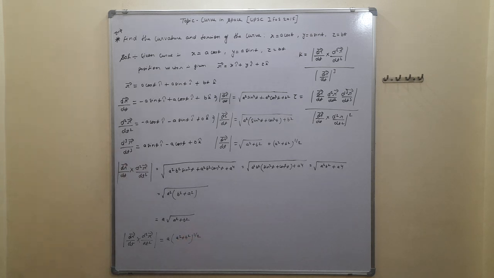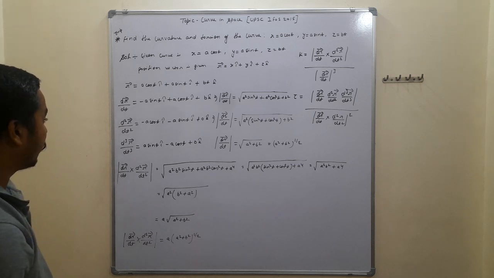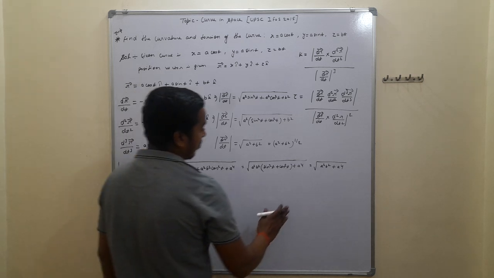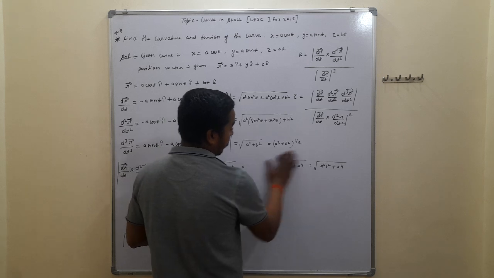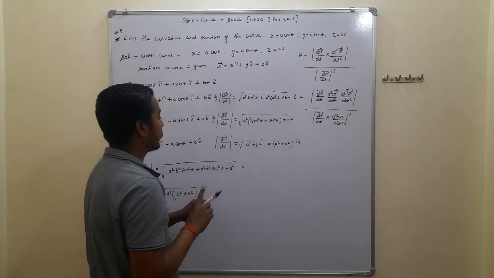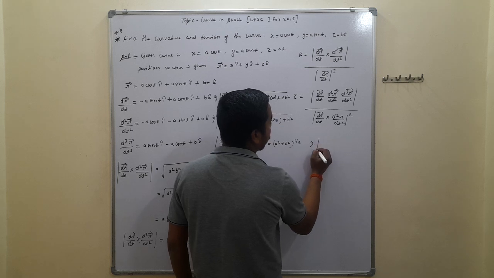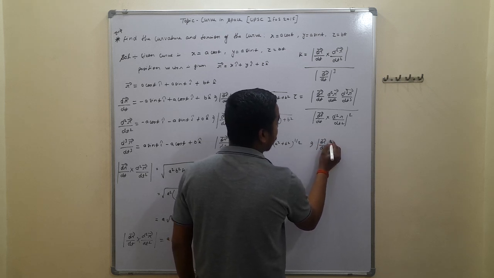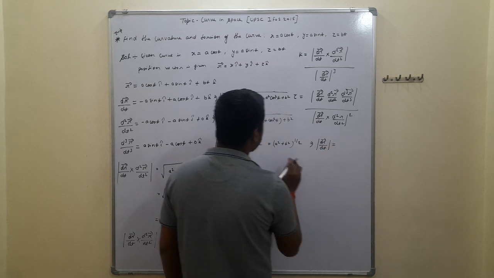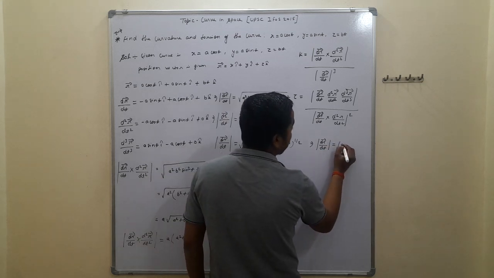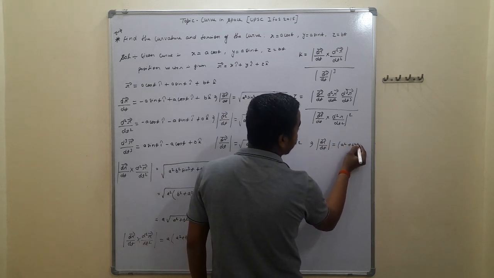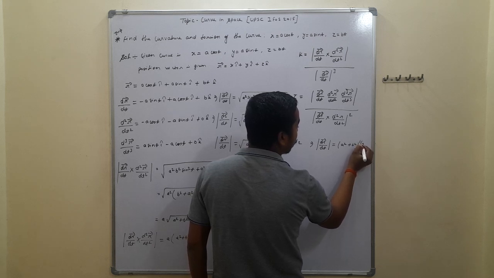We have to write here the value of, first, mod of dr upon dt. We have to calculate it, and this is given by a square plus b square to the power 1 by 2.